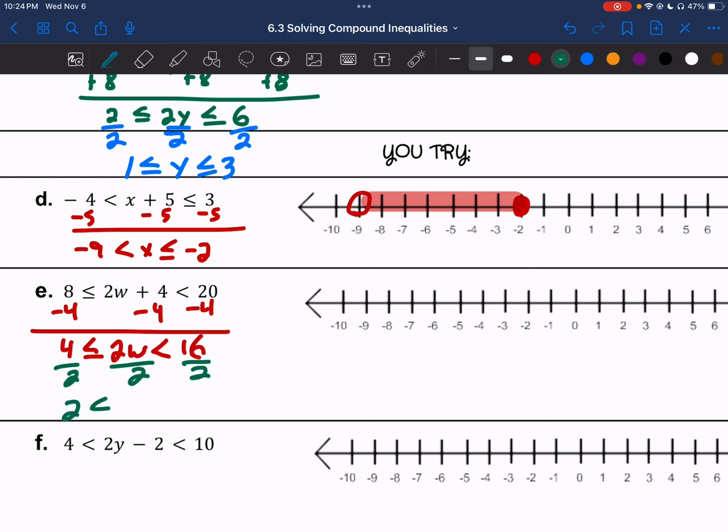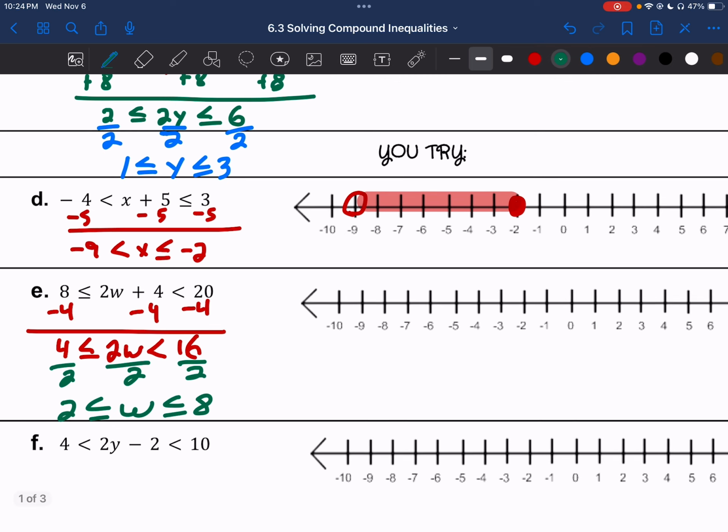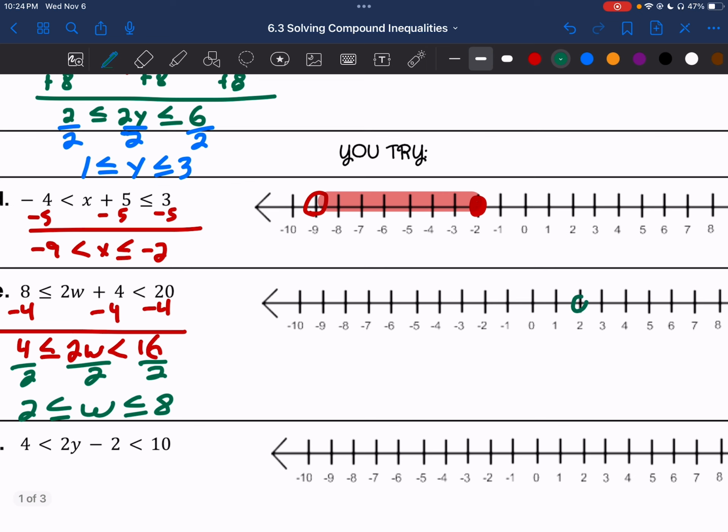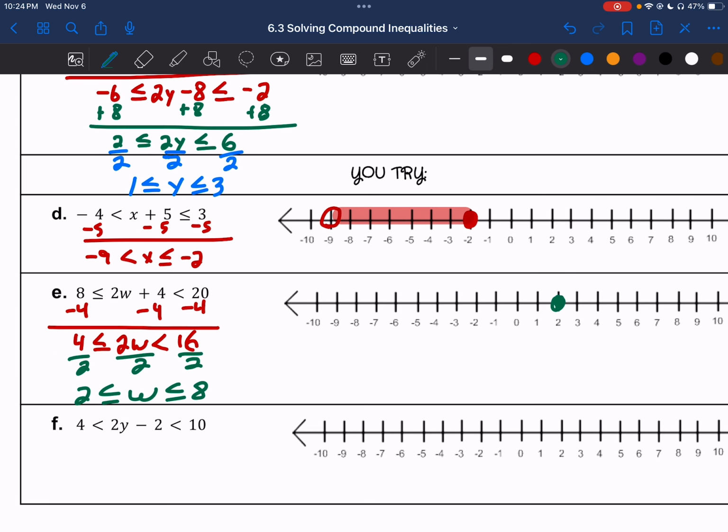So we're going to get 2 is less than or equal to w, which is less than or equal to 8. So we have closed dots at 2 and 8, and we are shading in between those two closed dots.